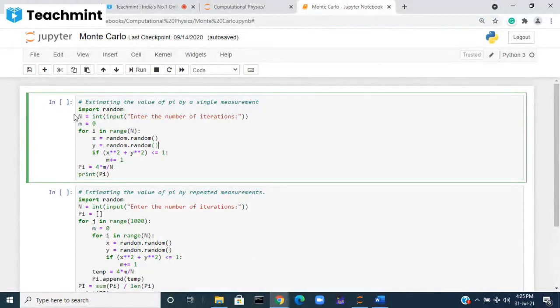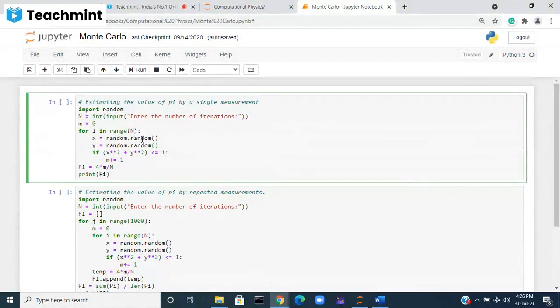This is a program to estimate the value of pi by a single measurement. First, the random module is imported. Why do we import this module? Because we want to use the random method which is present in the random module.